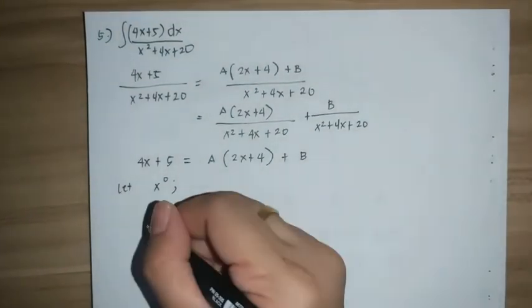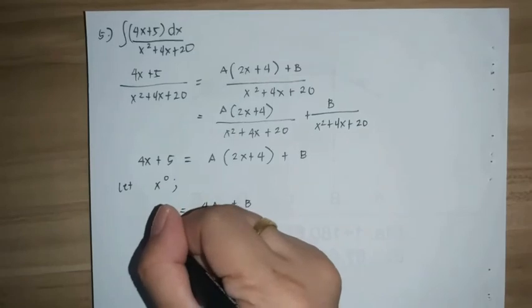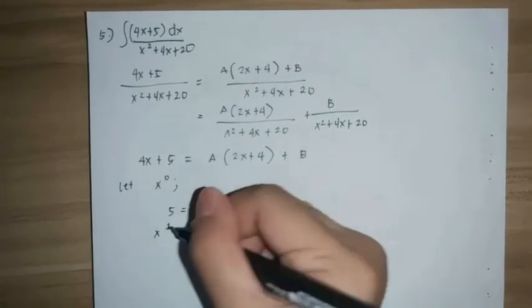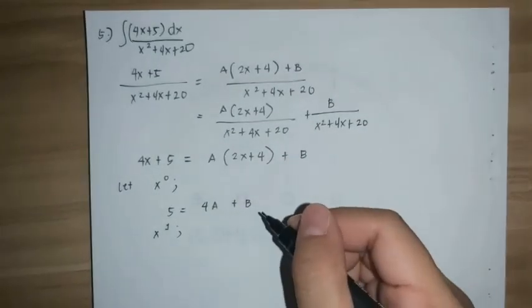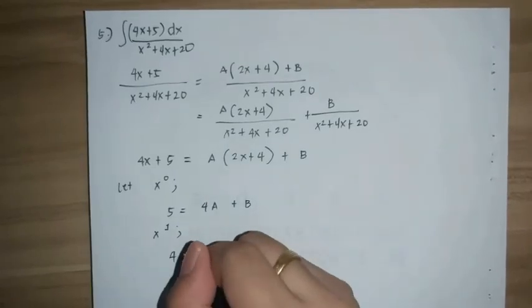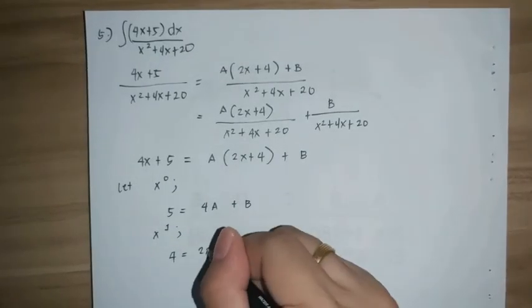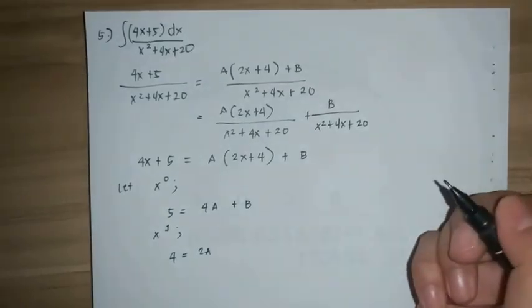Now, at x equals 1, we have 4 is equal to 2A, with no B, so A is equal to 2. If A is equal to 2, we substitute it into this equation.